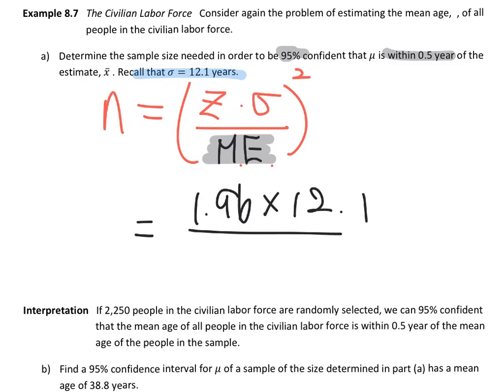So it describes within plus and minus. Within 0.5. So the 0.5 is the margin of error. So we plugged in everything. Then what? Take the square.